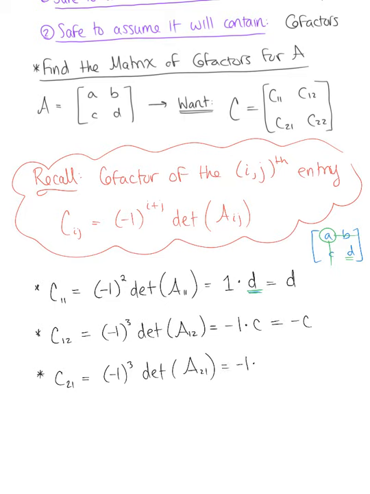So we're left with negative 1, and the determinant of this submatrix is B. So I have negative B. And last but not least, the cofactor in the second row, second column. So negative 1 to the 2 plus 2, which is 4, multiplied by the determinant of the submatrix A sub 2,2. So negative 1 to the fourth becomes positive 1 multiplied by A, or simply A.